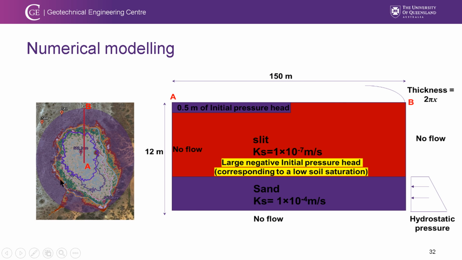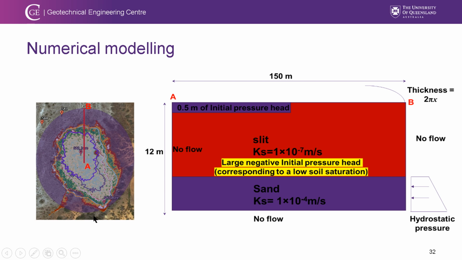By doing that, we are able to simulate the vertical profile of the entire pond. And remember, the reason we are able to use this method is because the groundwater level outside of the pond is almost a constant value.